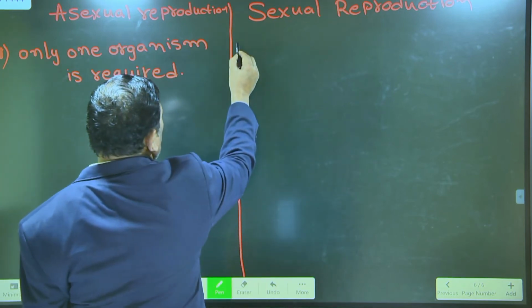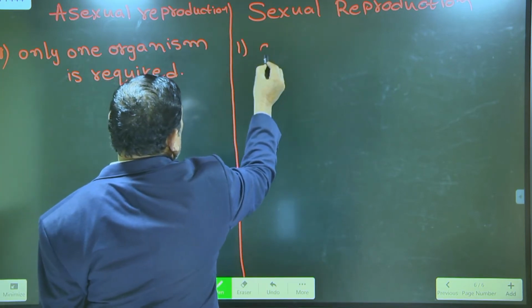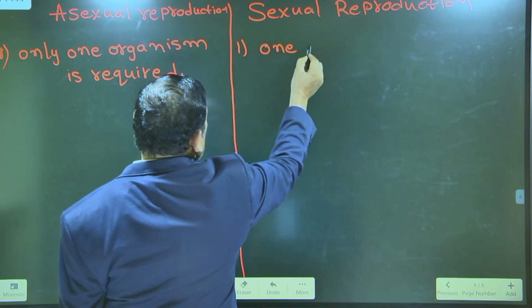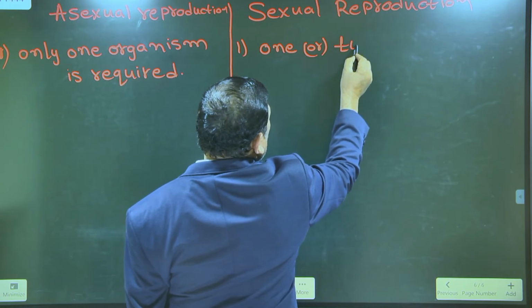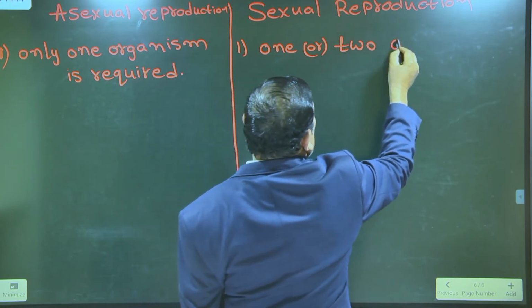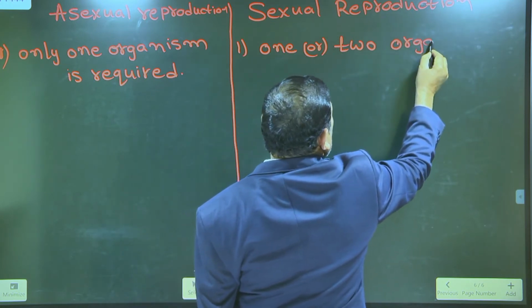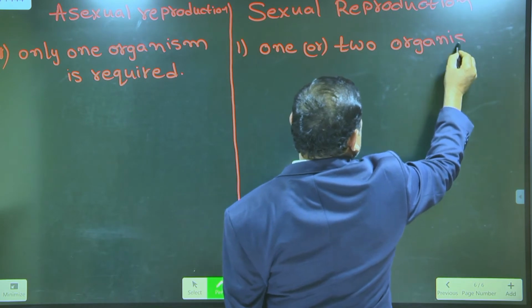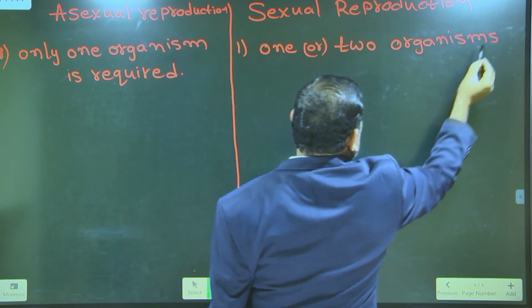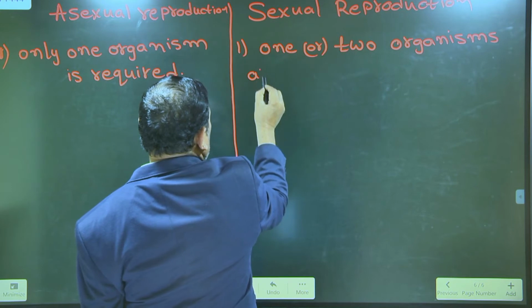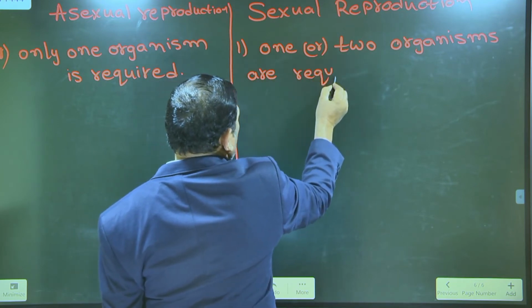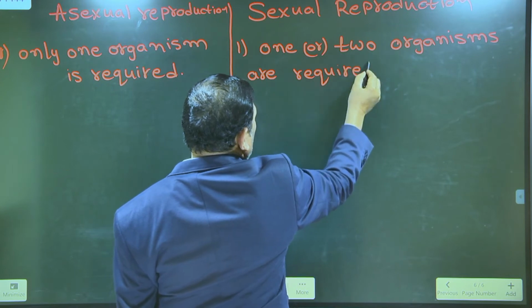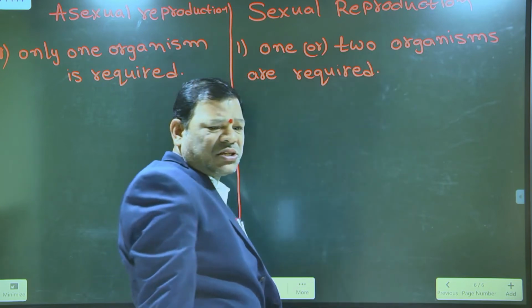Here in sexual reproduction, one or two organisms are required. Do you understand?